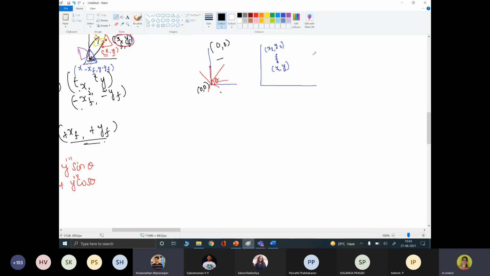Now the second scenario is we are not rotating with respect to the origin. We are rotating the object with respect to this point. With this point you need to rotate. So what will be the angle you will have here?